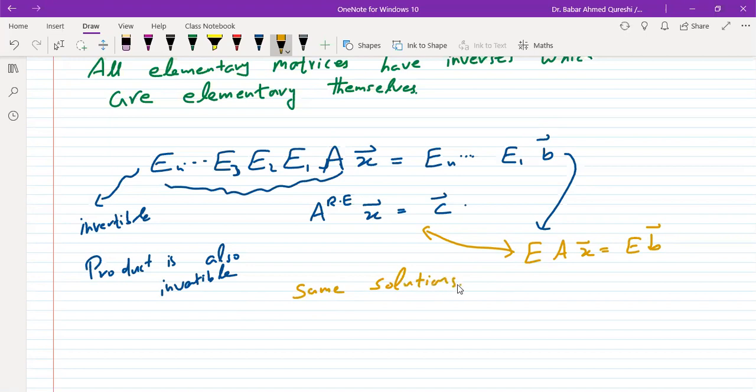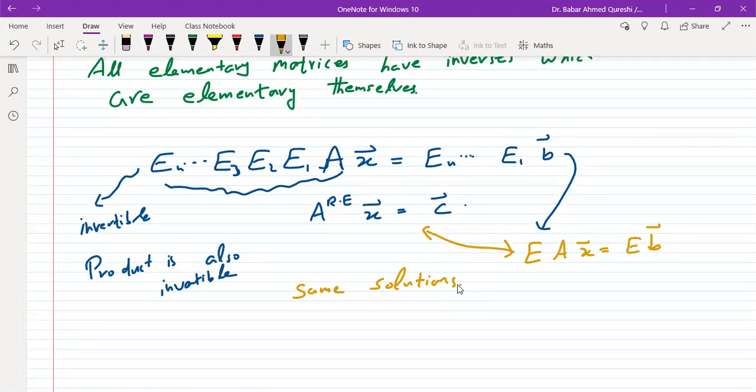Which we kind of already know. So I can put it into reduced echelon form using these elementary matrices, and I am guaranteed that the solution would be the same. I don't even have to go to reduced echelon form.